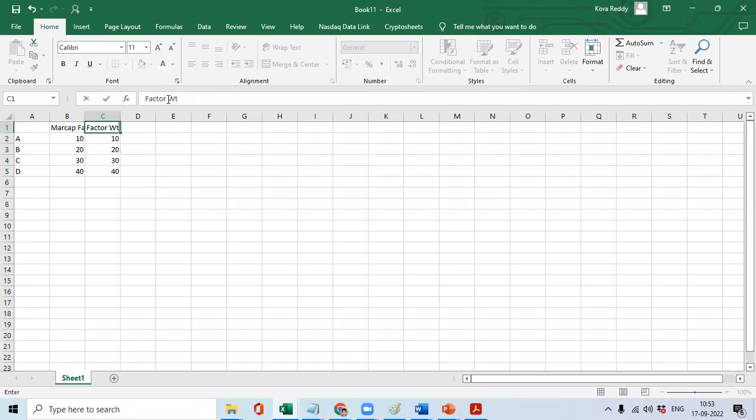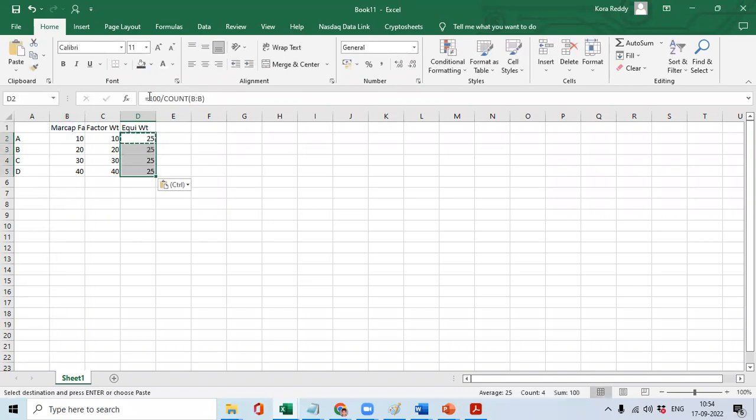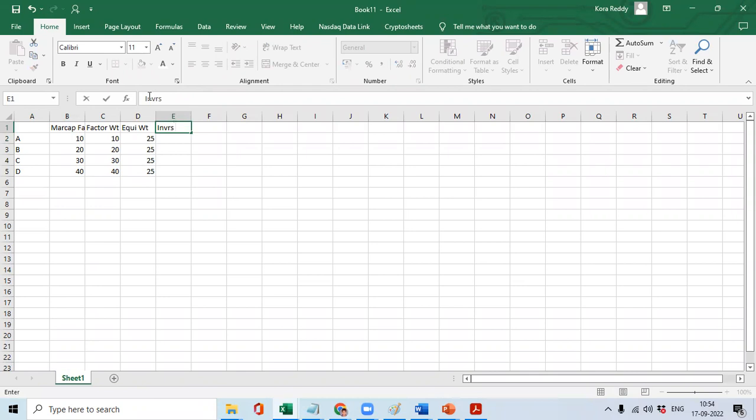This is factor weight. Now you have equi-weight. You don't do anything. You just simply equal weight your 100. Simple. You will get 25 to each. You also can do, though not many people do this in India, you want to take that factor and inverse it.